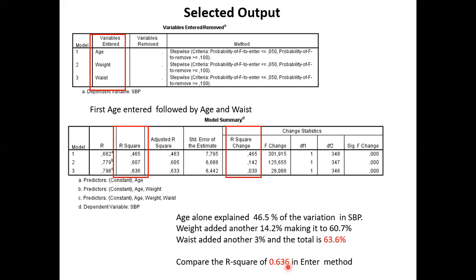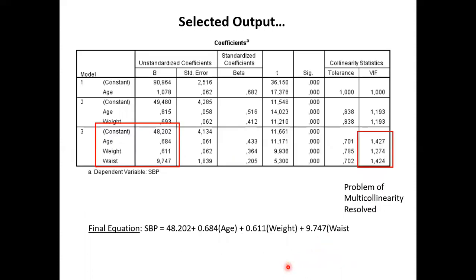Therefore, in this particular model, we had a problem of multicollinearity. Look at it now. Model 1, age alone. Age and weight, highest value less than 5. There's no multicollinearity. Age, weight, and waist, the highest value is less than 5.